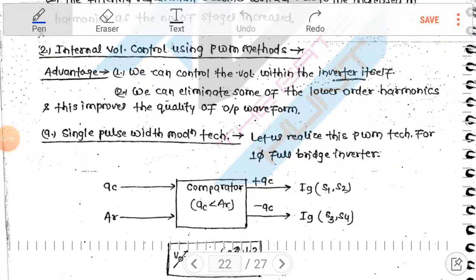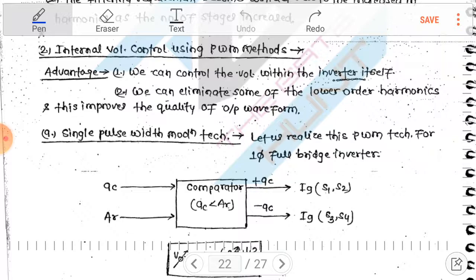After external control, there is another control known as internal voltage control using the pulse width modulation technique. It is the most popular technique. As the name suggests, pulse width modulation is used for varying the output voltage magnitude by variation of pulse width in each half cycle, positive and negative.